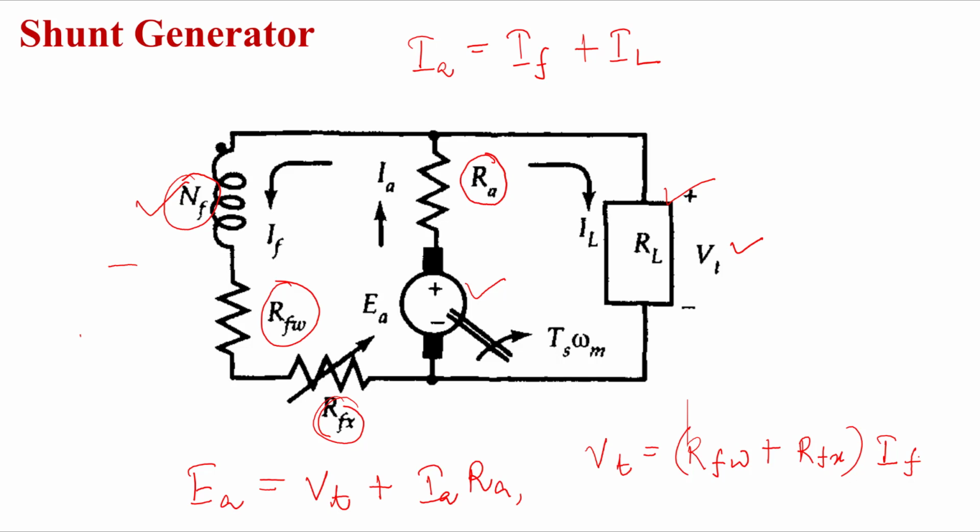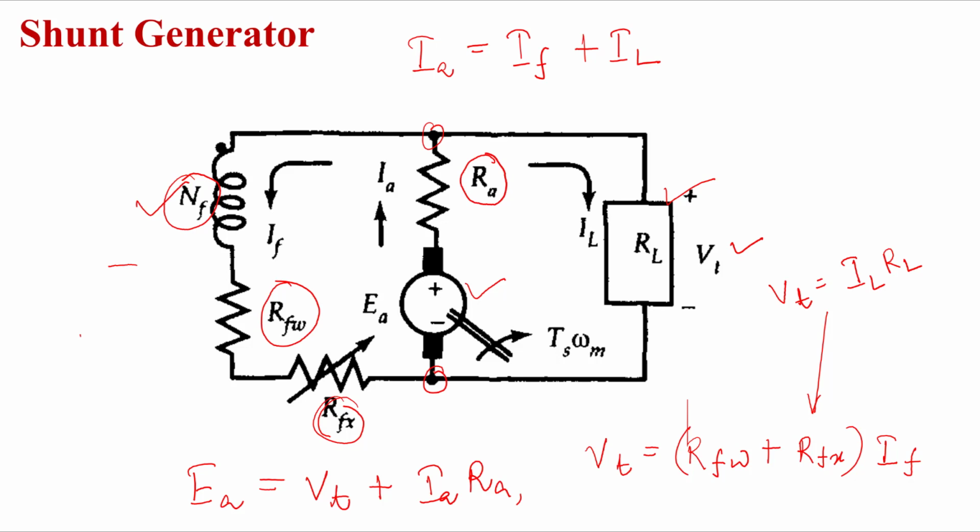One more equation also we can write, that is VT equal to IL into RL, right? So these two equations are equivalent, right? One is (RFW plus RFX) into IF. So this is the VT, the voltage across these two terminals is VT, which is appearing across the load, right?